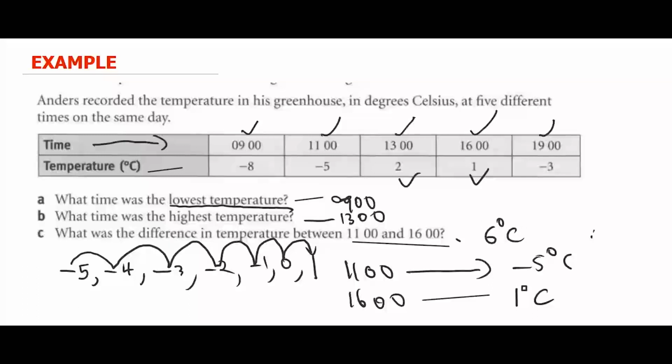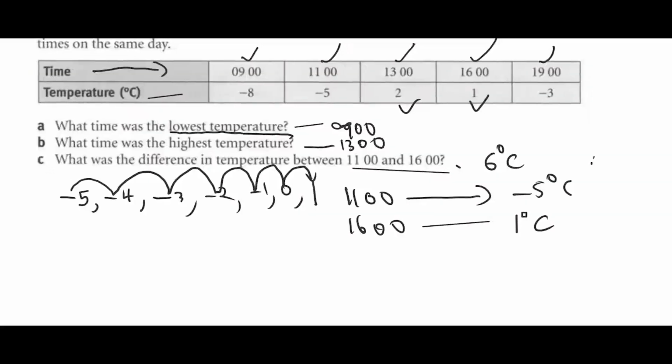So you can also make use of the addition and subtraction method. For 1600 the temperature is 1 degree Celsius. We want to find the difference. That will be minus, then the second one, which is the smaller one, is minus 5 degrees Celsius.